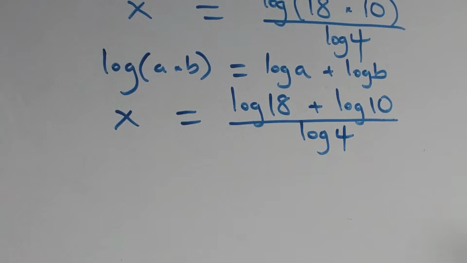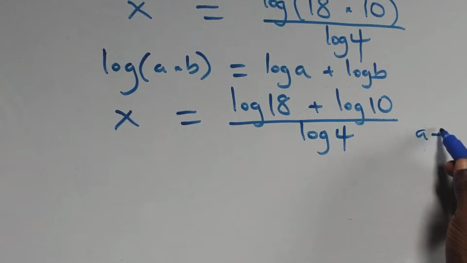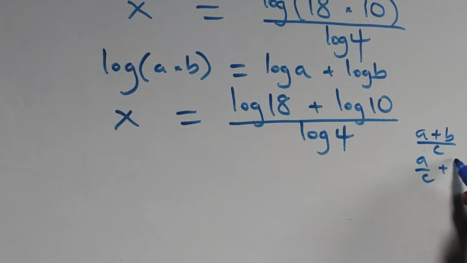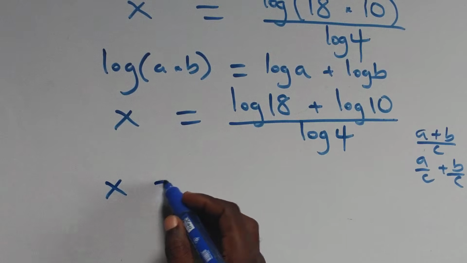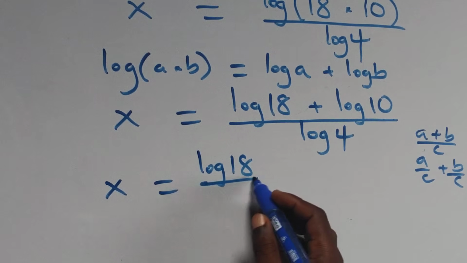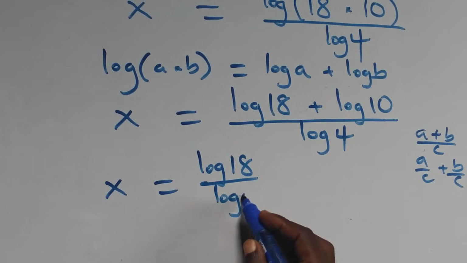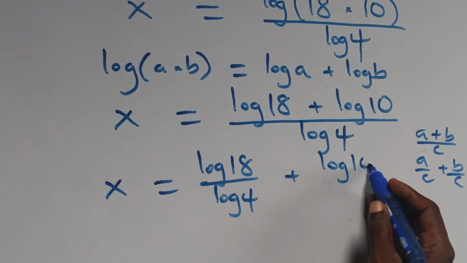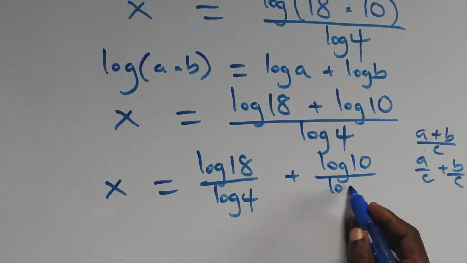Then this also follows when we have a plus b over c, can write it as a over c plus b over c. So here this becomes x equals log 18 over log 4 plus log 10 over log 4.